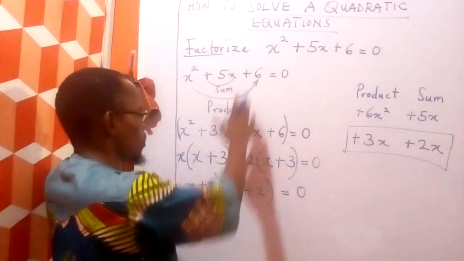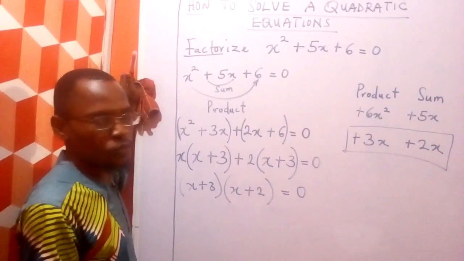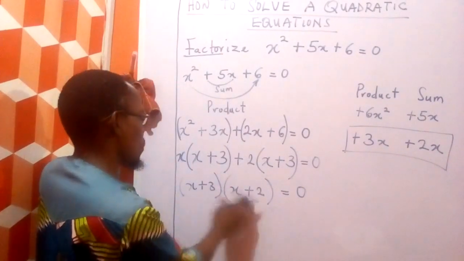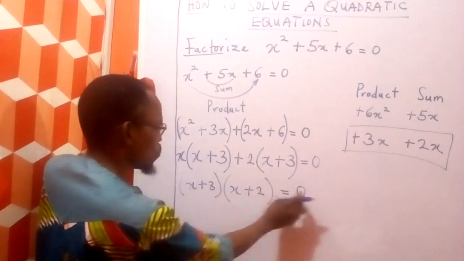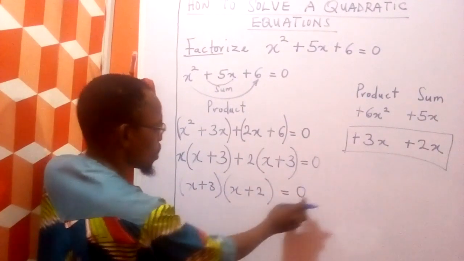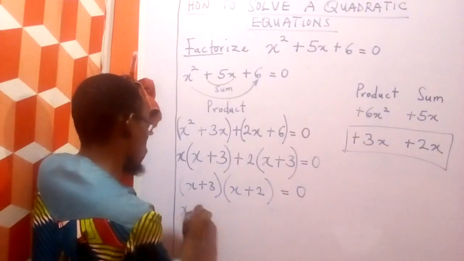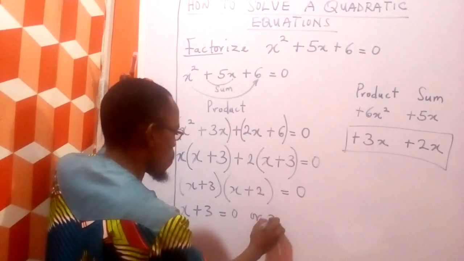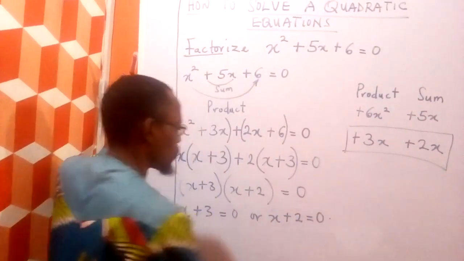After you've done this, the next thing, since we want to solve for x, is to separate this bracket. We equate this bracket to 0, and we also equate this bracket to 0. So here we have x plus 3 equal to 0, or x plus 2 equal to 0.